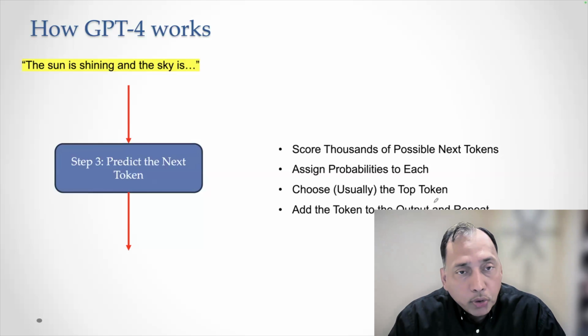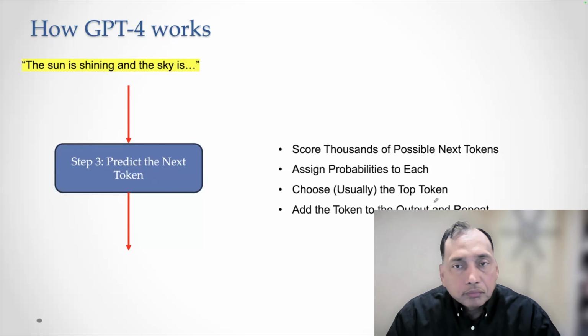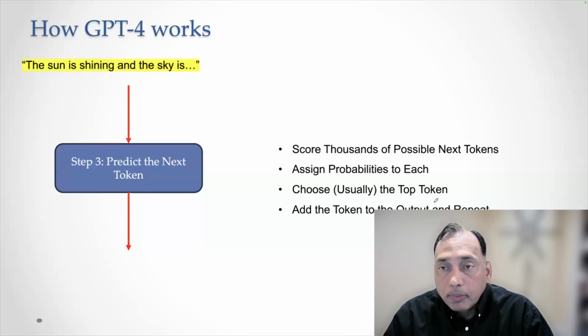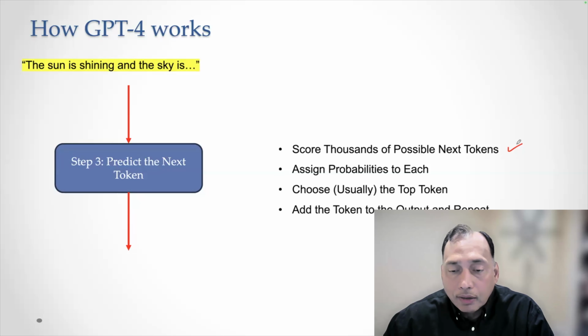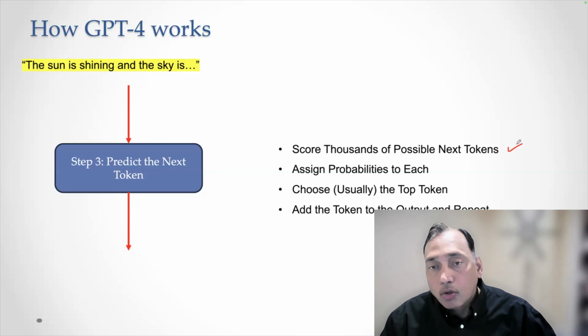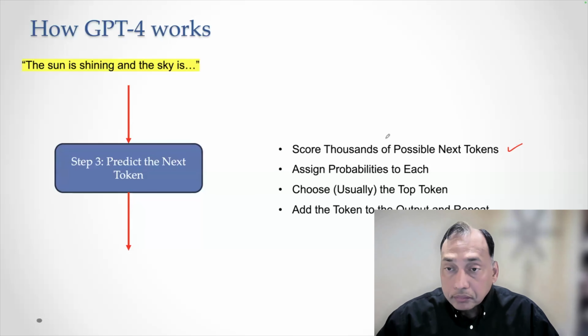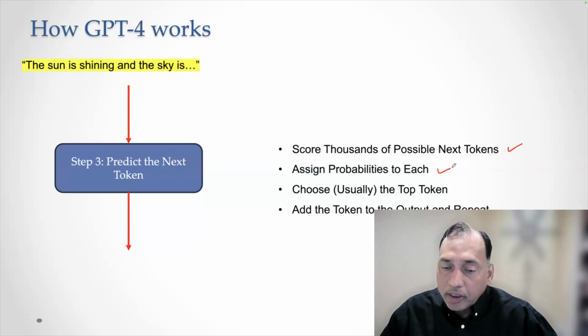In step 3, it is doing the prediction for the next token. So it scores thousands of possible next tokens, and it might have seen them in different contexts during the training of the network. Could be blue, clear, cloudy, falling, stormy, open, friendly, all kinds of words, and even thousands more. And then it assigns probabilities to each one of them.